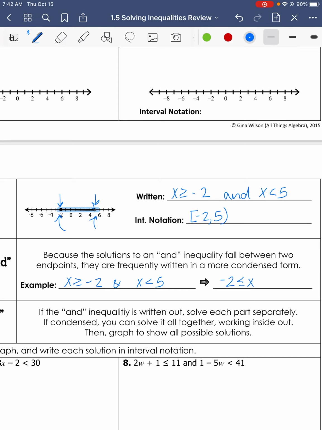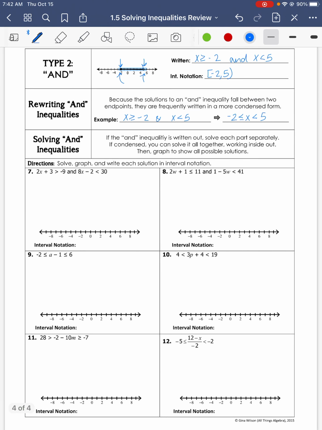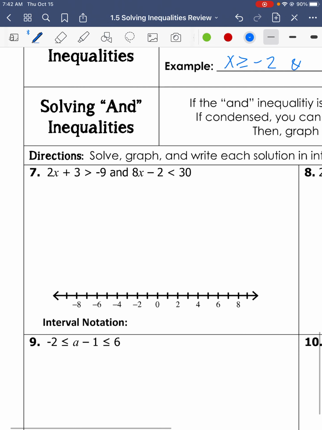So x is greater than or equal to that number, but x is also less than 5. Okay, so we write it as this combined inequality there.